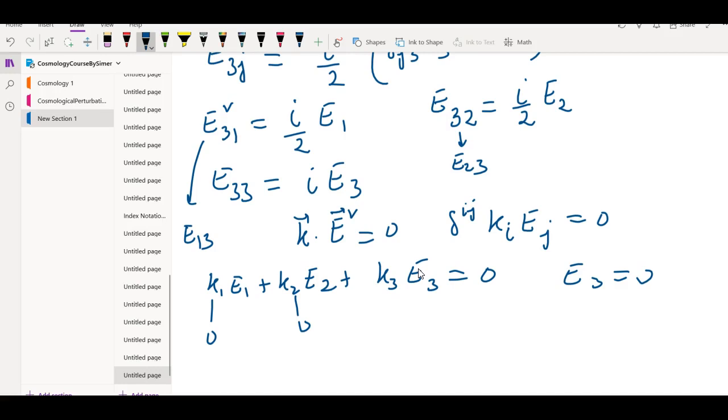So we have E vector 31 is equal to iota by 2 E1, 32 is equal to iota by 2 E2.